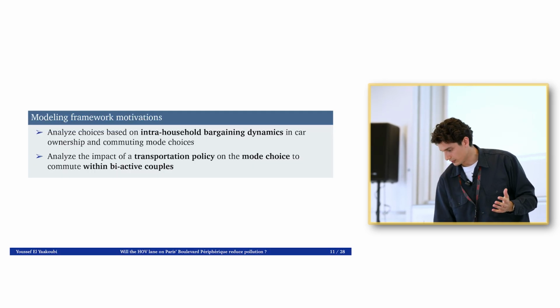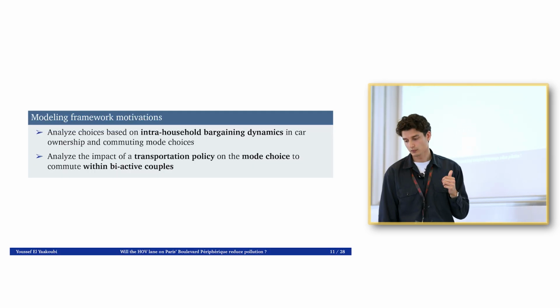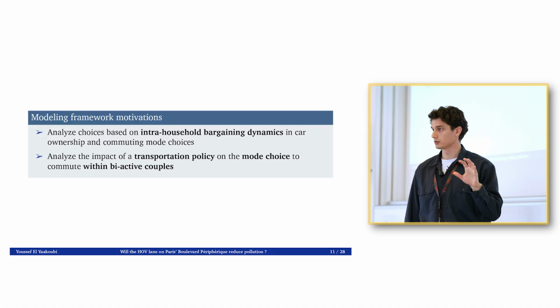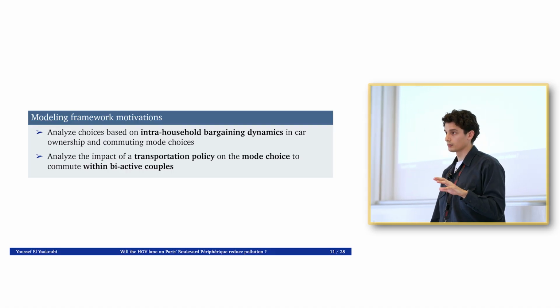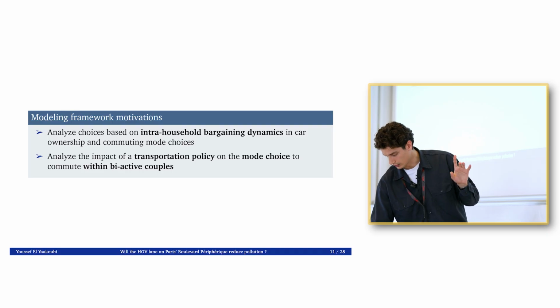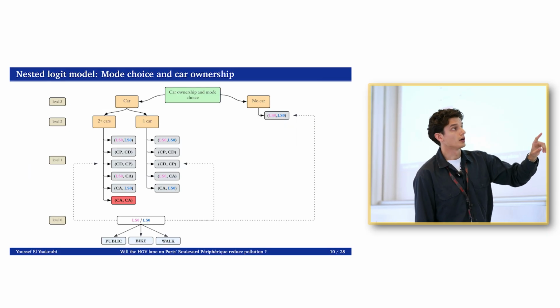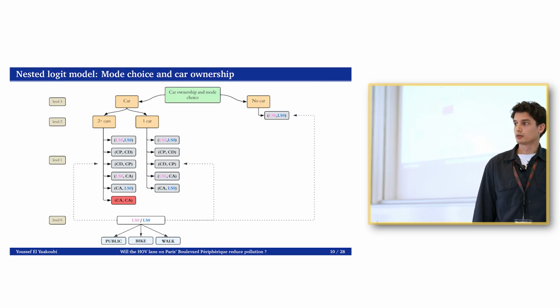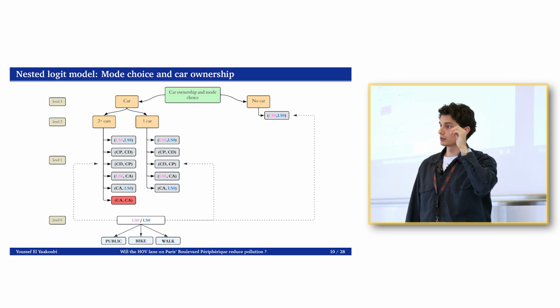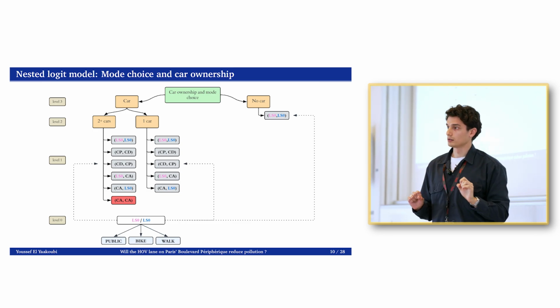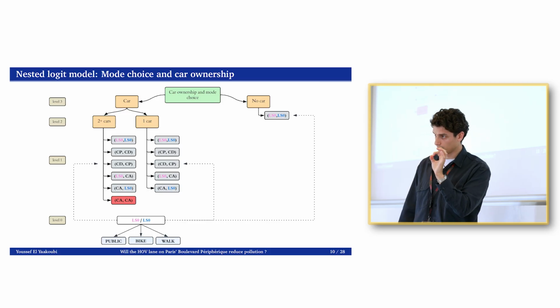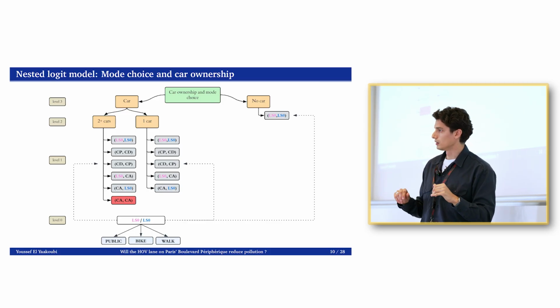Our motivation here is to analyze those mode choices based on intra-household bargaining dynamics. I didn't mention it, but we are estimating a collective utility of the couple here. We are not estimating just a unitary utility of the couple, taking the household as one person.